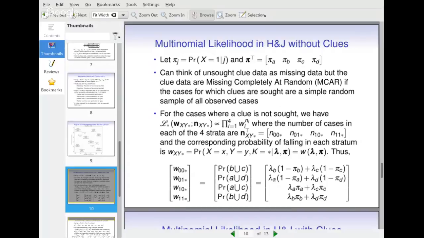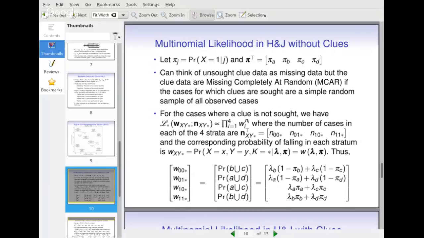And so we just multiply the lambdas by pi b, or in this case, 1 minus pi b, to get the probability of a particular country being type B. And then we add to that the probability the country is type C that's implied by the rules of probability.